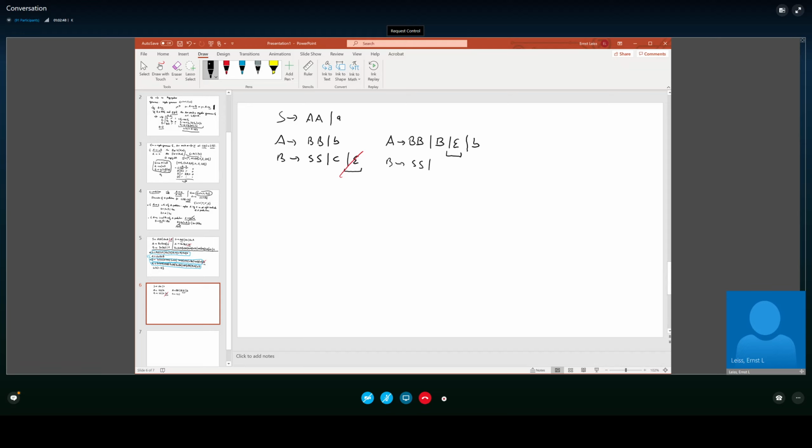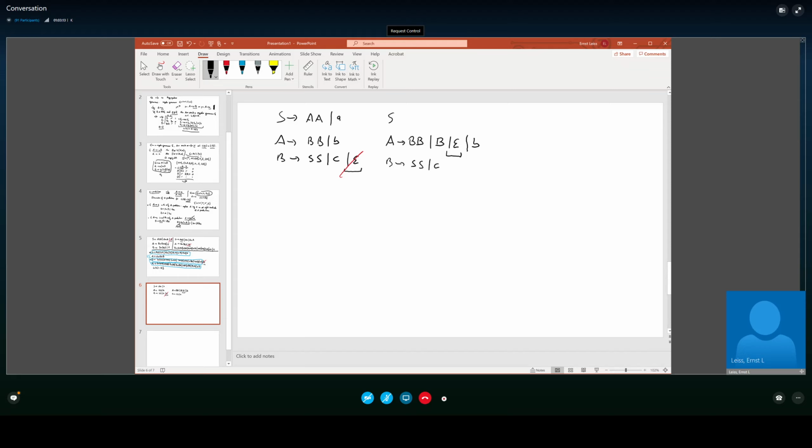Is this going to make an infinite loop? Yeah, well, we get to that. I promised you something nasty, so yes, it is going to be a little nasty. You sort of saw already where we're going to end up. So we need to get rid of the A goes to epsilon.